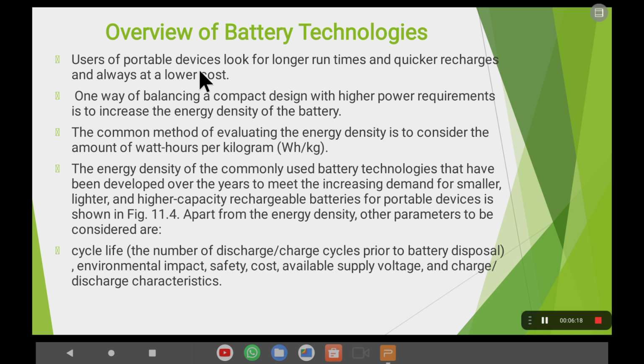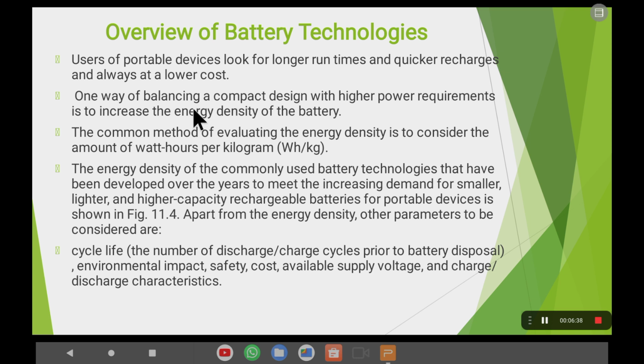So, an overview of battery technologies. Users of portable devices look for a long run time, a quick recharge, and always-on operation at a low cost. Generally, if you are buying something, obviously we expect devices with very good battery life as well as quick recharge.